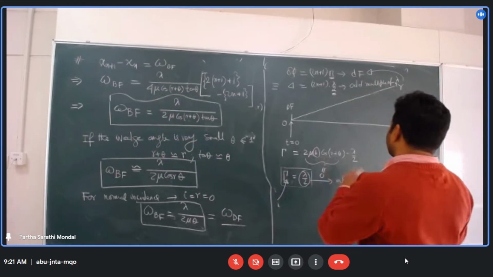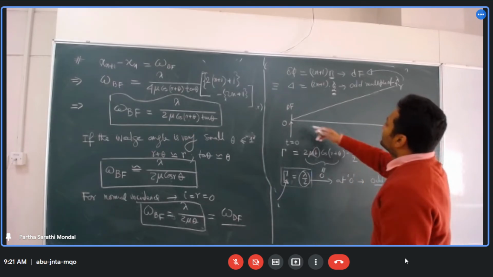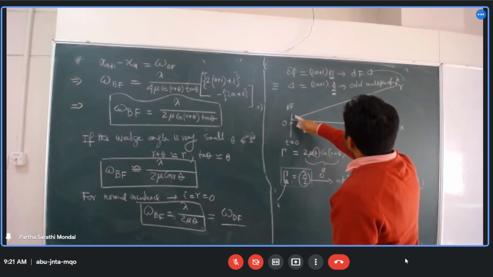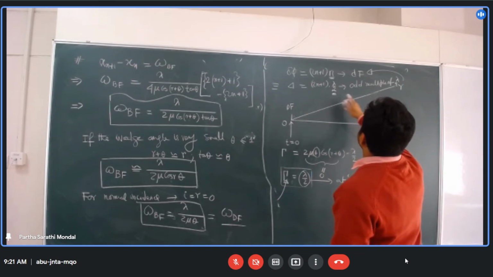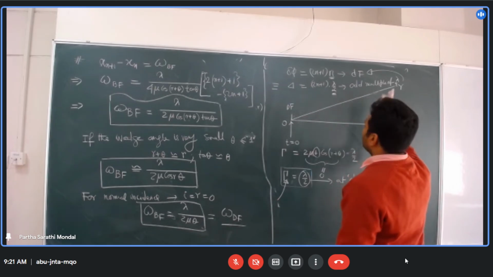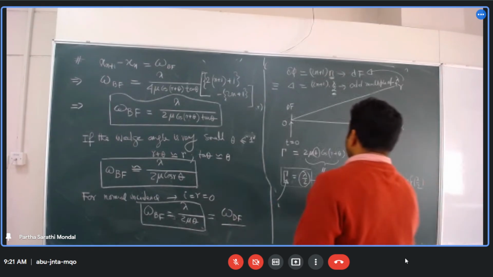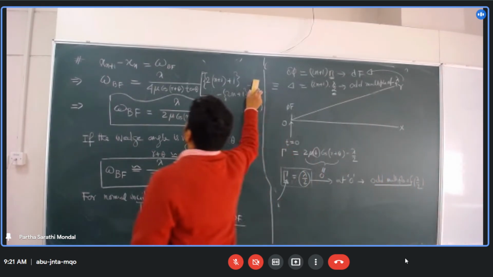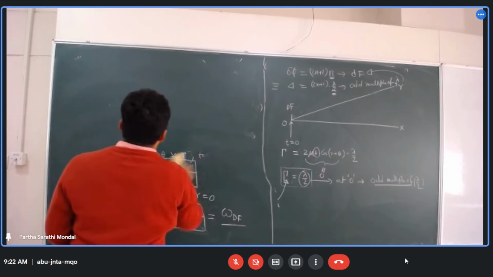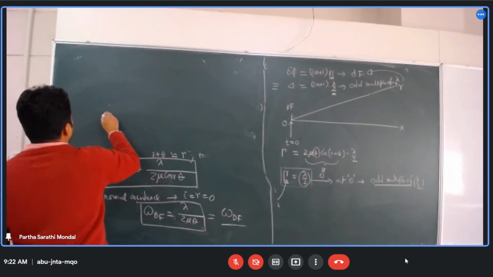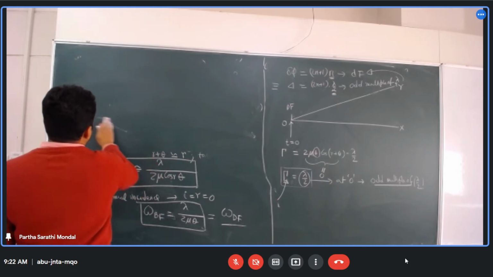Then it will satisfy the condition for dark fringe, bright fringe, dark fringe, bright fringe, like that. So that means the fringe pattern, dark, bright, dark, bright, will be equally spaced on the top surface of the film. So if I draw it, you will get this kind of fringe pattern here. So let's say, see.